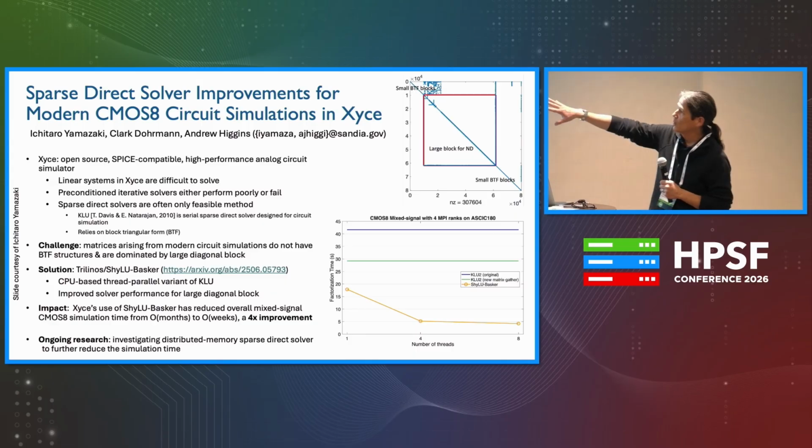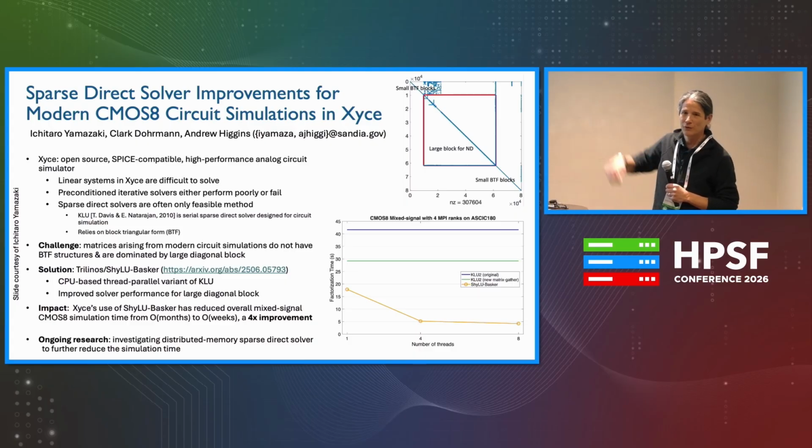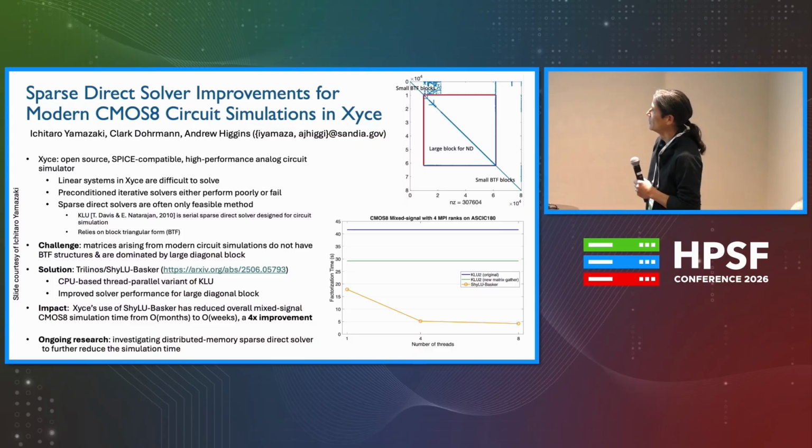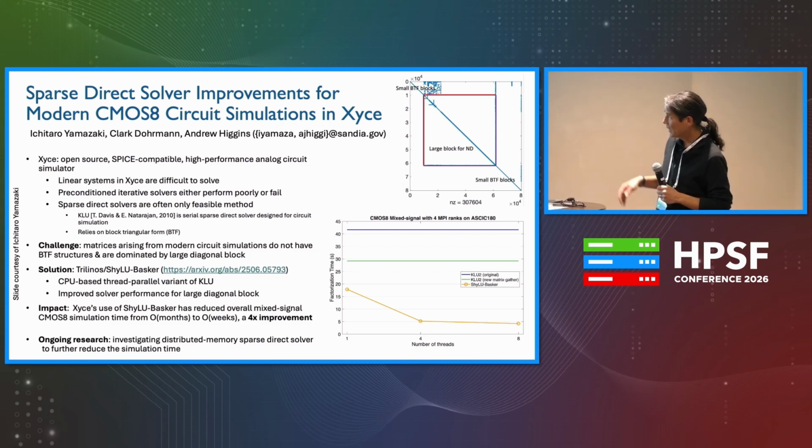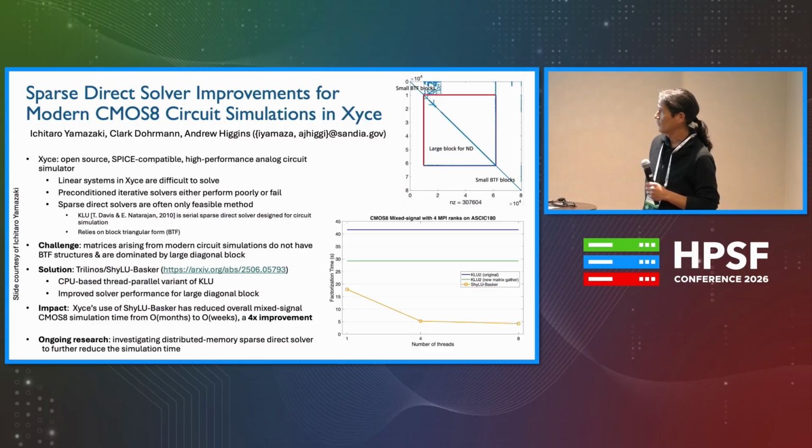The classic one to use is KLU, the Clark Kent LU, developed by Tim Davis. It relies on this block triangular form. And of course, the challenge for modern circuit simulations is that they don't have this BTF structure. They're dominated by this large diagonal block.